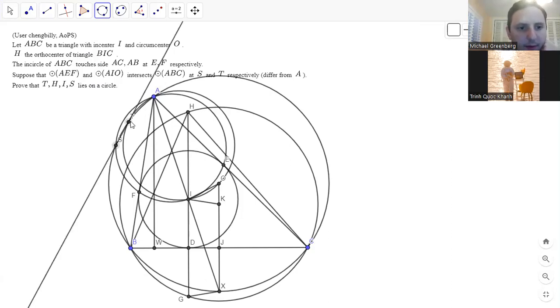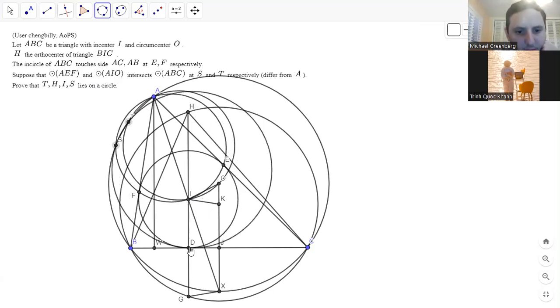Let me see if there's another circle that these pass through. I wonder if the circle TSD is tangent to BC. I don't think it is.